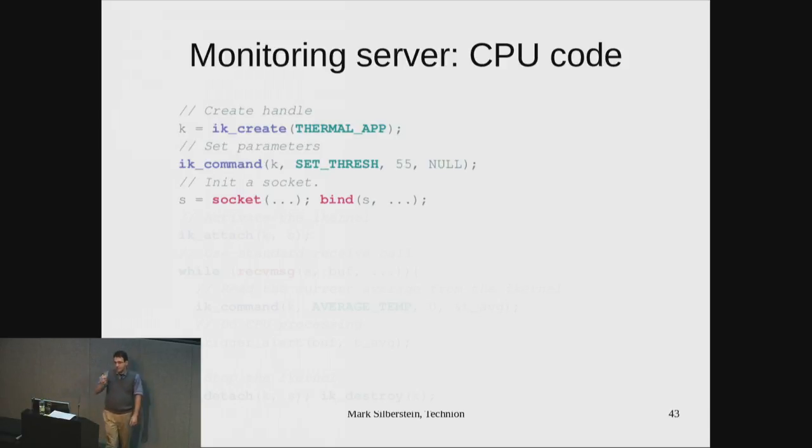Then we have a set parameter call to initialize the state in the ikernel on the iNIC. Then we just create the socket, regular stuff, nothing unusual. And then you attach. From the point you attach, this is where the traffic starts flowing.